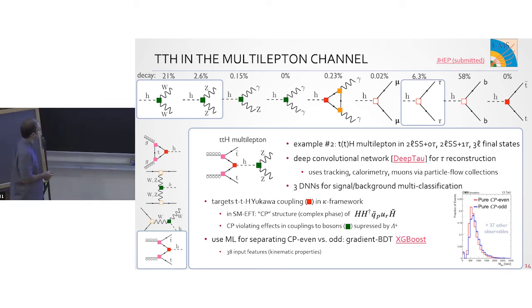It's also interesting because on theory grounds it should be restricted in the bosonic sector. So it's a good way of looking at things. What the analysis does is it uses machine learning, in this case a gradient boosted decision tree, XGBoost, on 38 input features, and it learns the difference between the CP even signal and the CP odd signal.